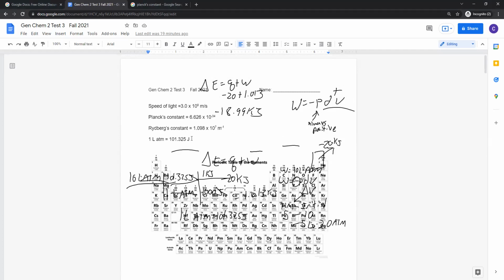So I knew that there's a conversion between liters, atmospheres, and joules, right? And so I knew if I multiplied my pressure in atmospheres and my volume in liters, I could convert that to joules, which gives me energy.